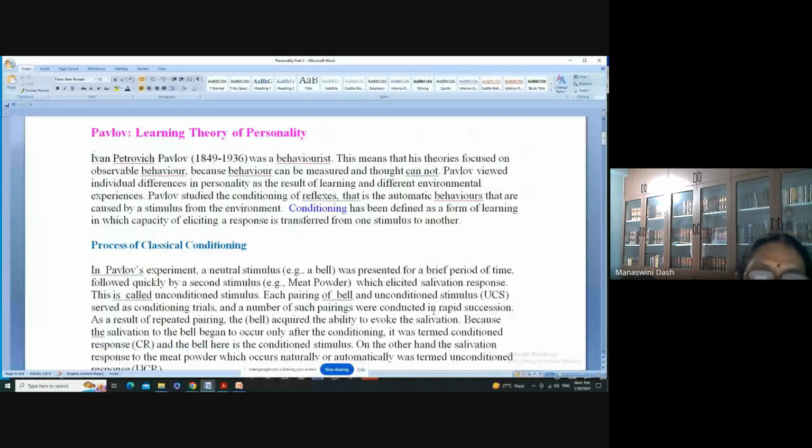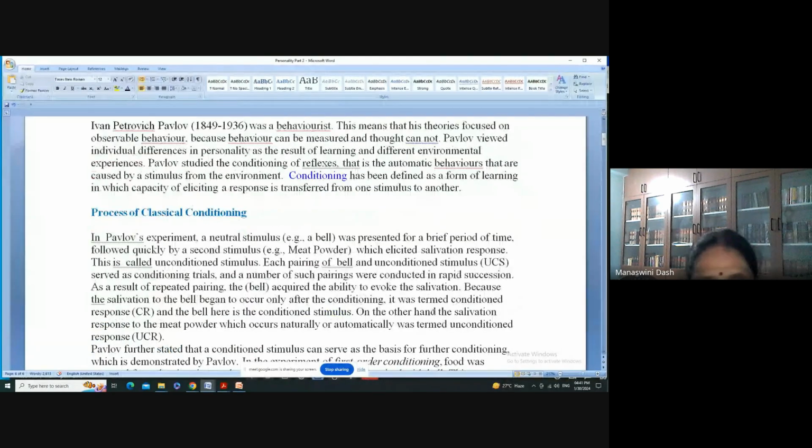What happens in classical conditioning? The famous classical conditioning, you all know. There is a neutral stimulus, say a bell, which is presented for a brief period of time, followed quickly by a stimulus, say food.